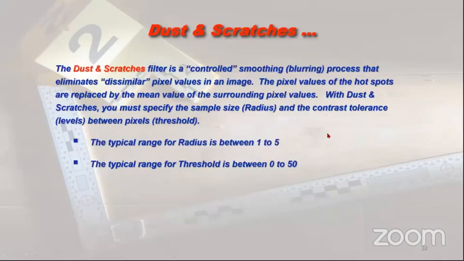I've got slides in here where you can read this in more detail as far as how this is going to be processed. For dust and scratches, the typical range for the radius is between 1 to 5, and the typical range for threshold is between 0 to 50.